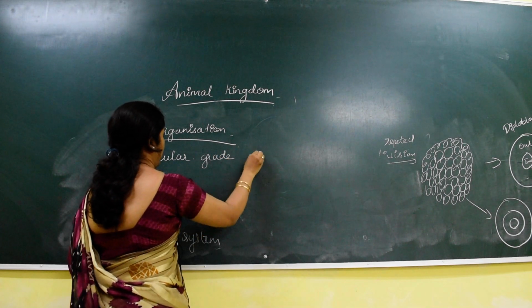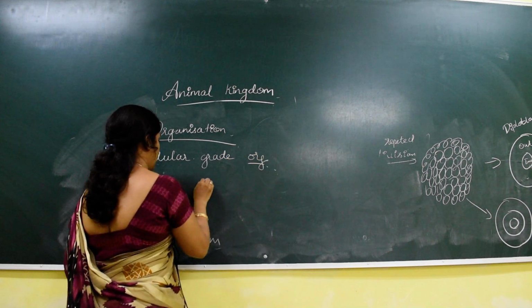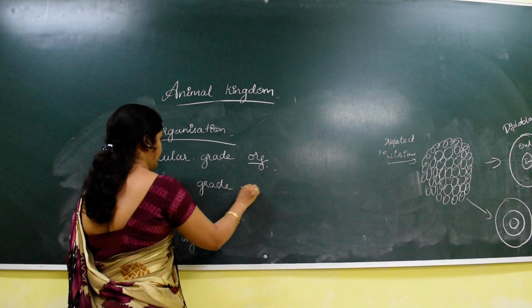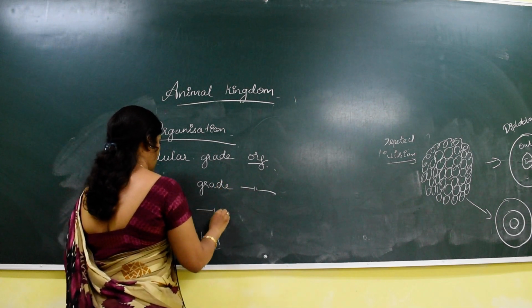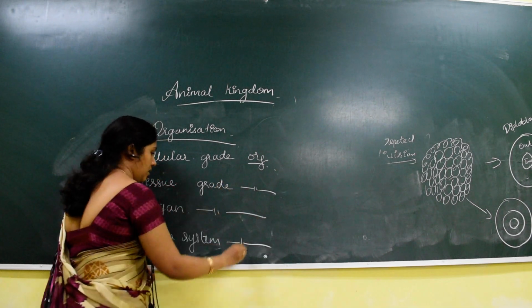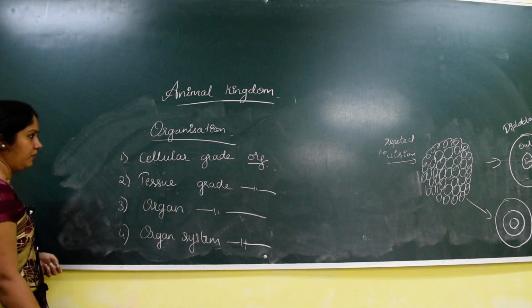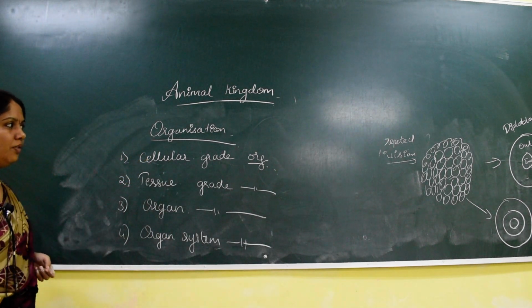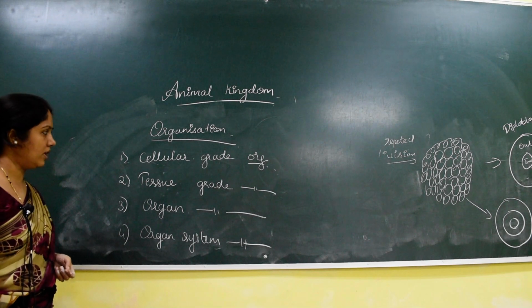Cellular grade of organization, tissue grade, organ grade, organ system grade of organization. So different phylums have different types of organization.